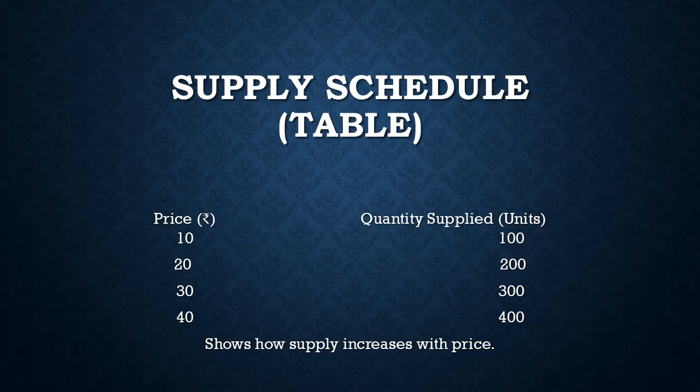This is why sellers respond to price changes. They want to earn more profit. This table is called an individual supply schedule if it shows data for one seller, and a market supply schedule if it shows data for all sellers in the market.